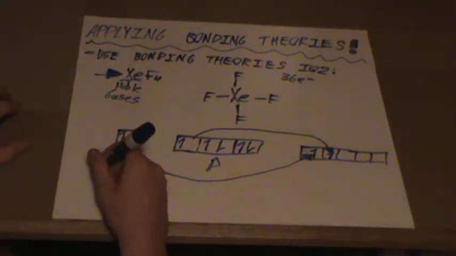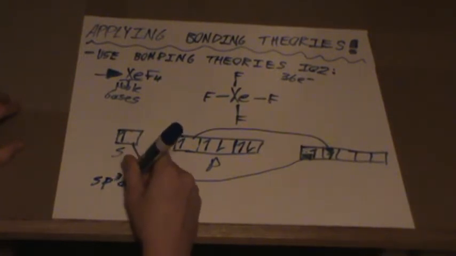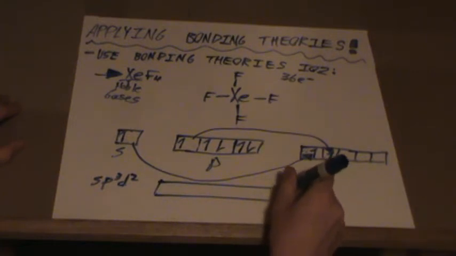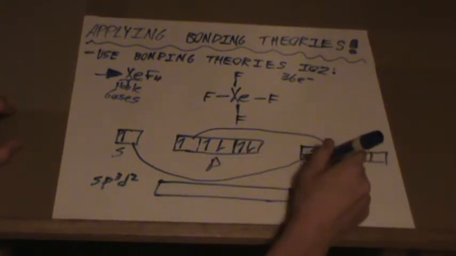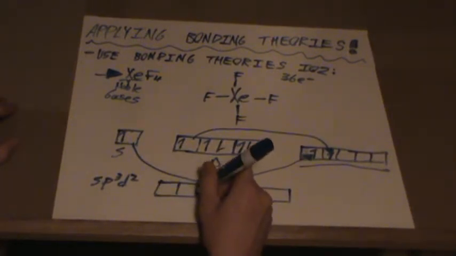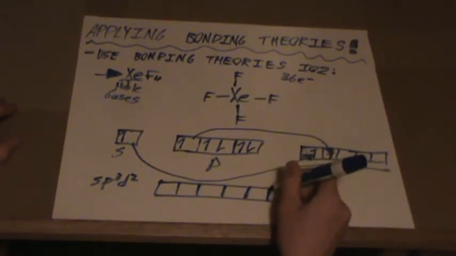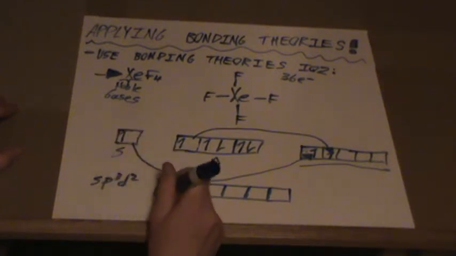So if we draw out this hybridization, it's sp3d2 and it has six orbitals, and I'm making this one really big to compensate for this teeny one right there. So 1, 2, 3, 4, 5, 6. Okay, so we take the S here.